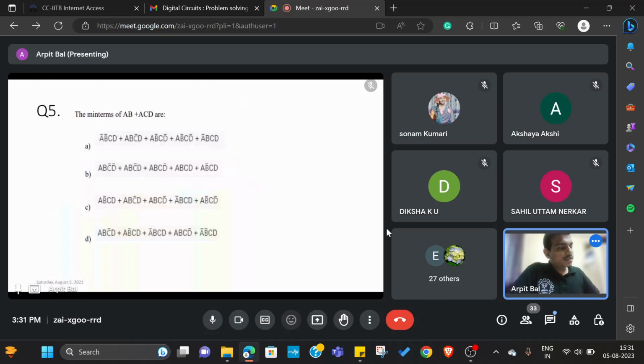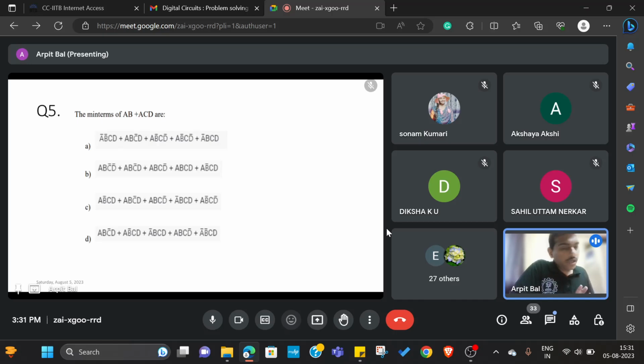Okay, now coming to question number 5. Here we need to find the minterms of AB plus ACD. To do this, we need to convert this equation into its canonical form.